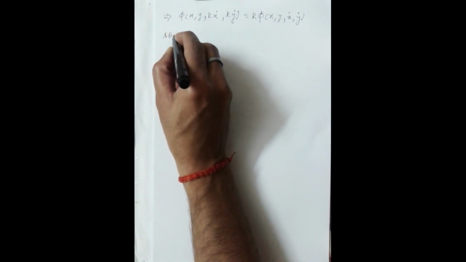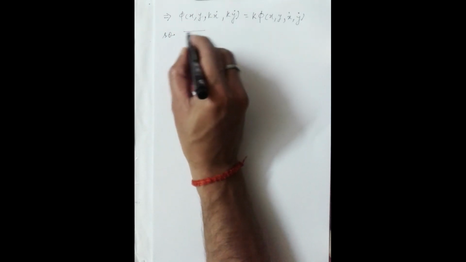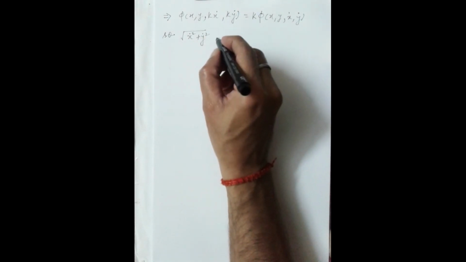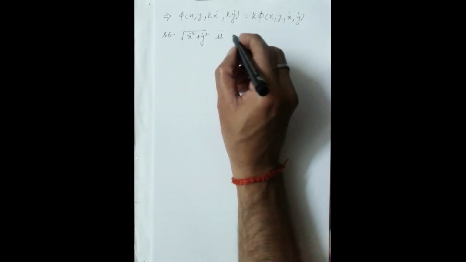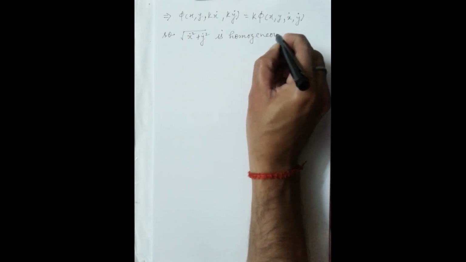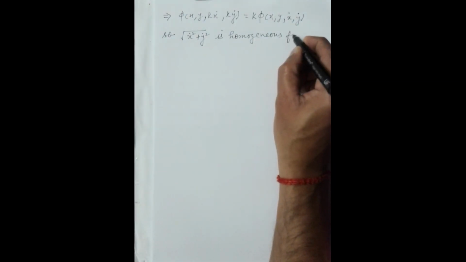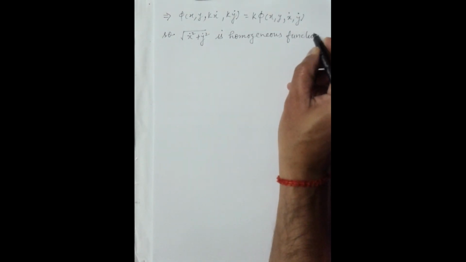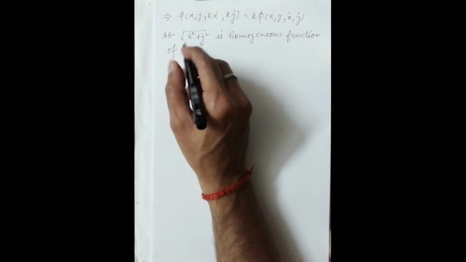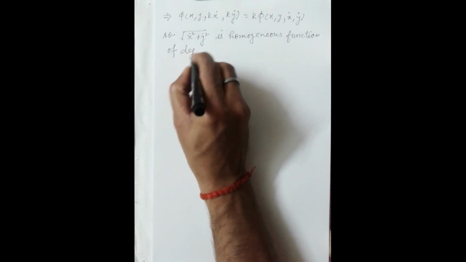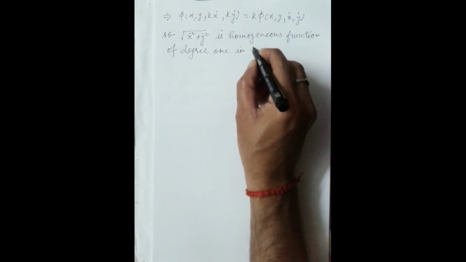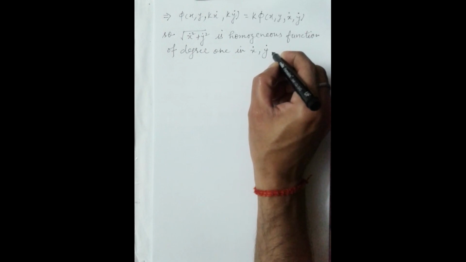So here we see that under root x dot square plus y dot square is a homogeneous function of degree 1 in x dot and y dot.